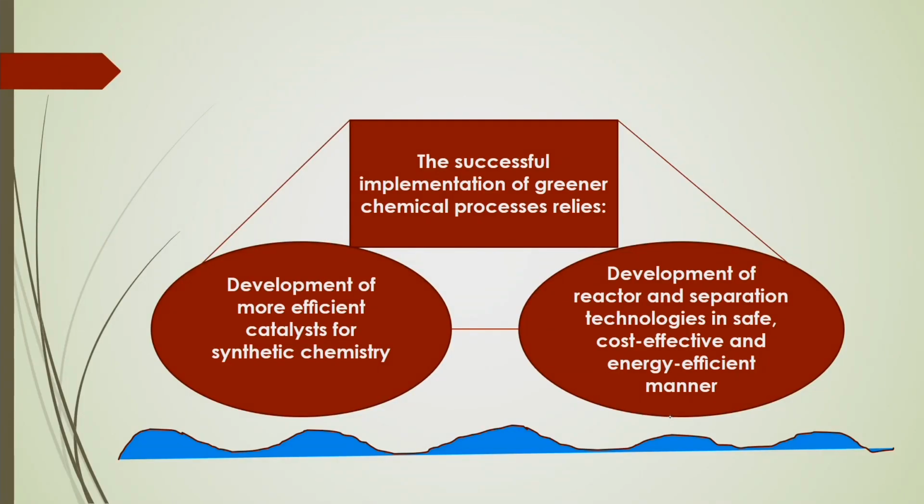The successful implementation of greener chemical processes relies on the development of more efficient catalysts for synthetic chemistry, because whatever products are produced by a certain process, you know that chemistry works behind it. So, you have to develop more efficient catalysts for the synthetic chemistry, so that you get fewer hazardous materials from that particular synthesis process.